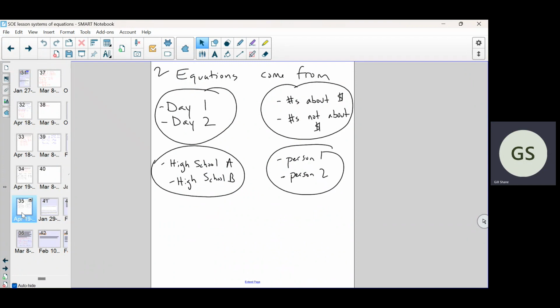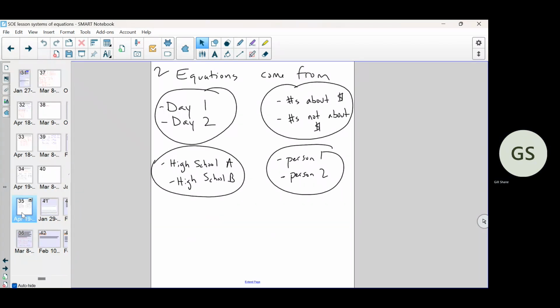A lot of times it'll just be based on day one, day two. There could be other versions of this. Like it could be two different months, like in May and in August. So month one, month two. Those are some common things separated out by time, like first week, second week. You guys won't know this yet, but a lot of the bills that you have to pay, like a cell phone bill, are every month.